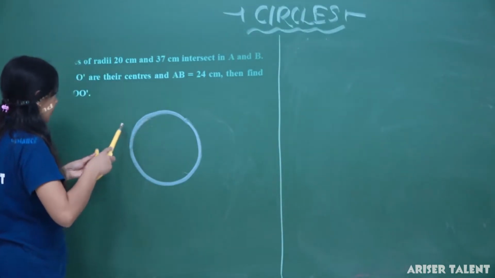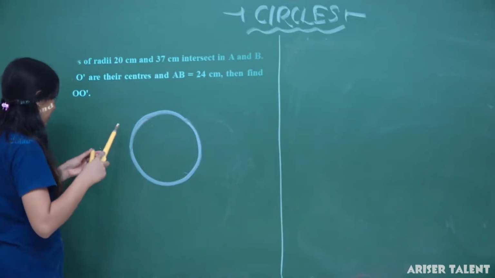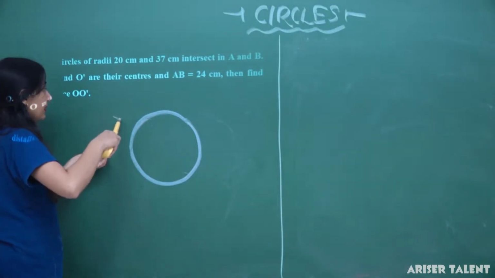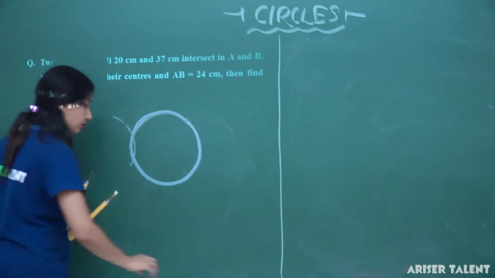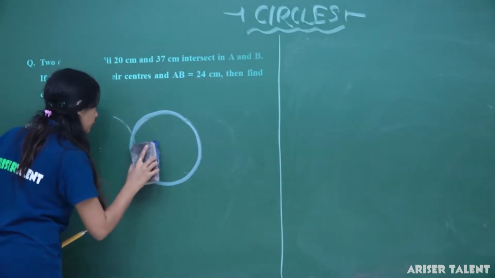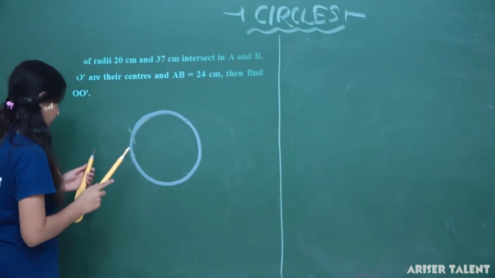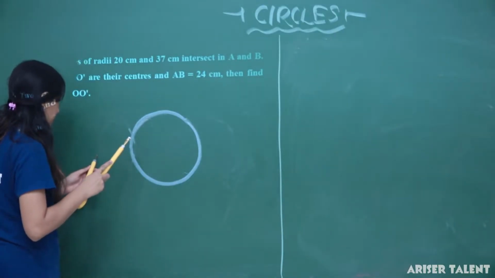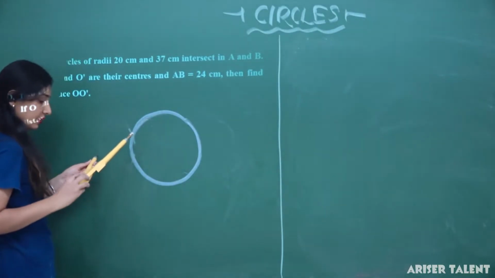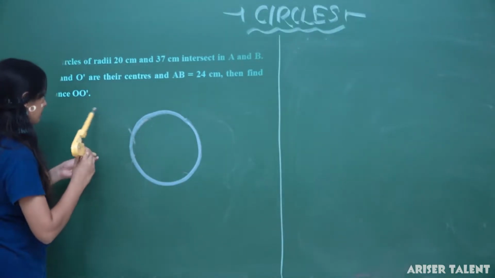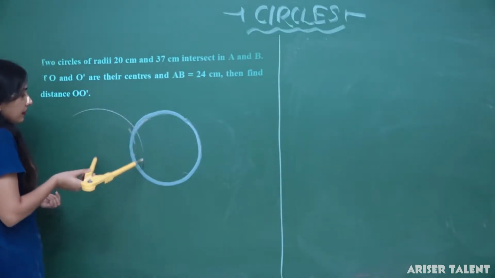Now, we have the point here, and I can move closer. We have different radii, so I can have this as this.